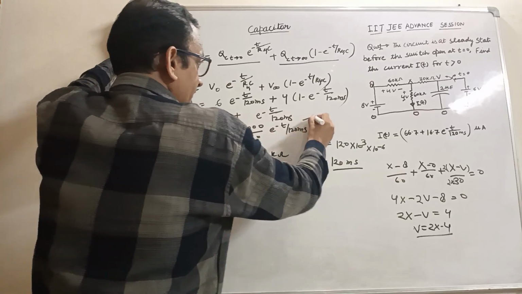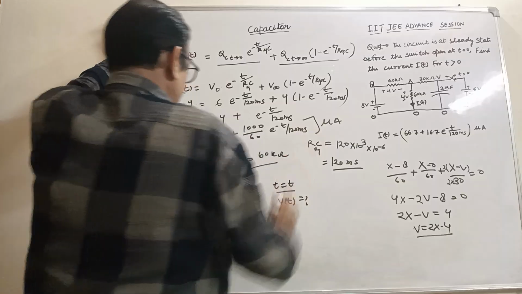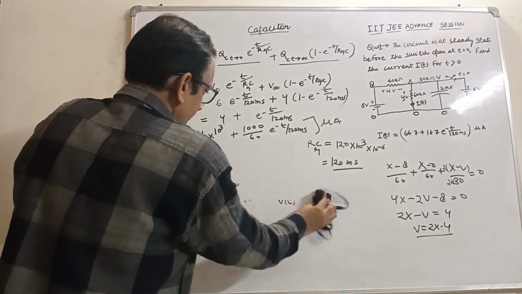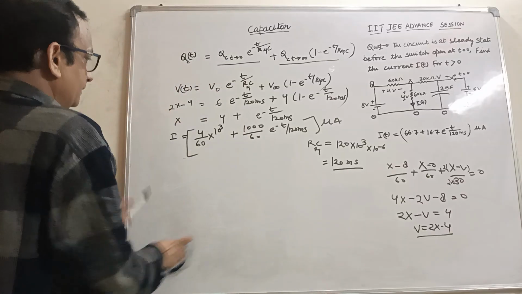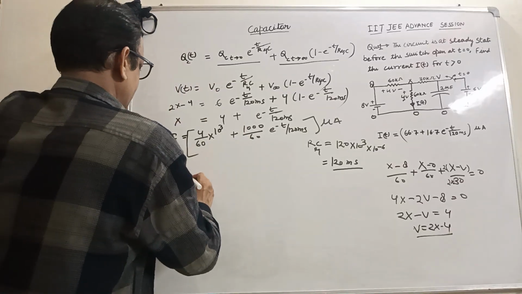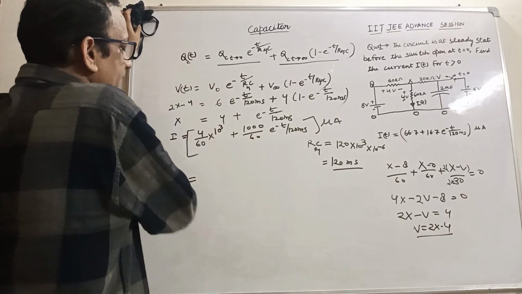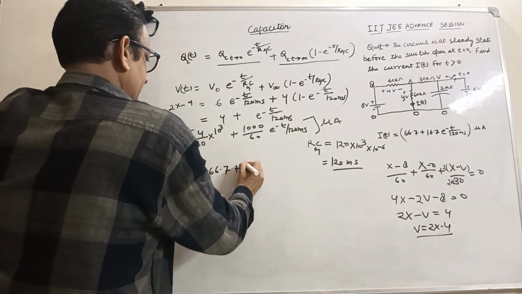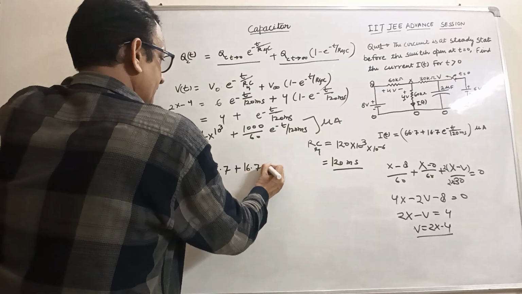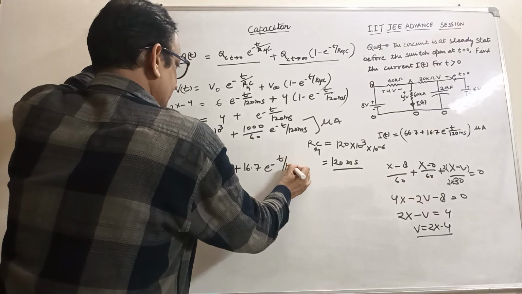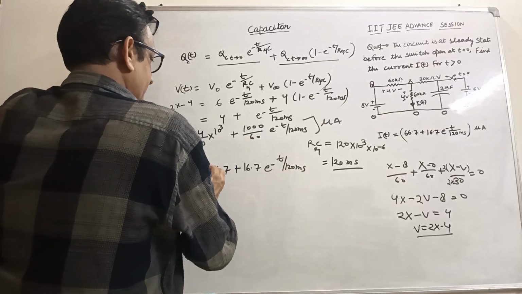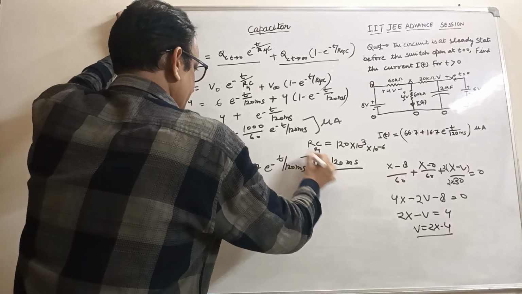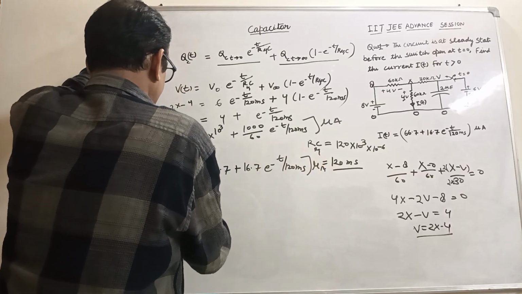This would be in microampere. So we solve it here. So we get the answer: 66.7 plus 16.7 e raised to power minus t by 120 microsecond in microampere. This is the current at time t.